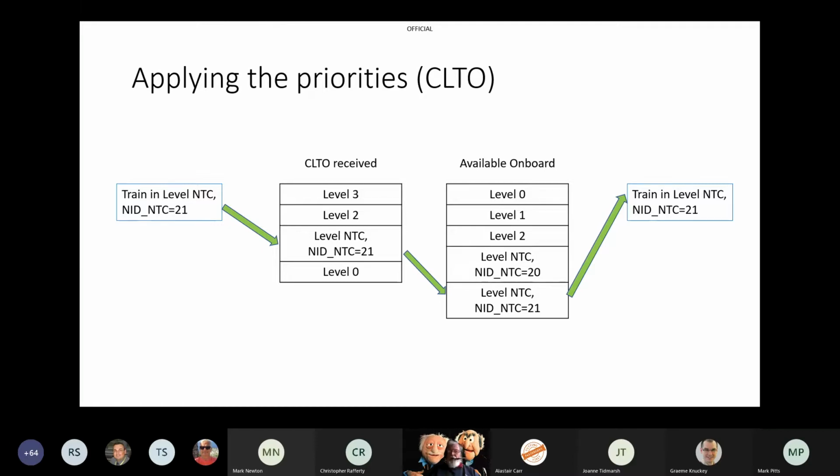It's not uncommon for implementations to add conditional level transition orders around the railway to make sure that even if a driver tries to change levels, they will only be able to select the levels that are applicable to the infrastructure, or if a train does manage to get out of the compatible levels, to get it back into them as quickly as possible.